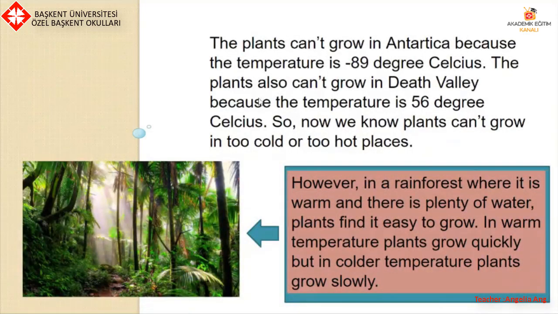The plants cannot grow in Antarctica because the temperature is minus 89 degrees Celsius. The plants also cannot grow in Death Valley because the temperature is 56 degrees Celsius.